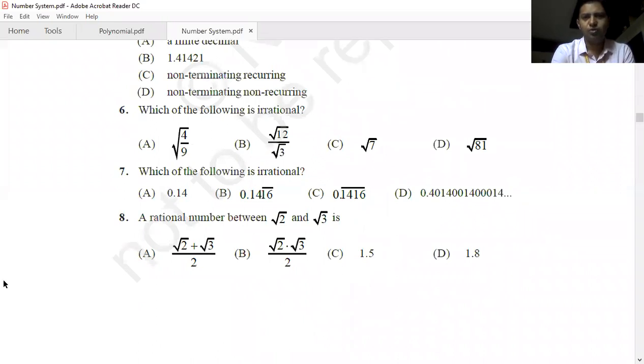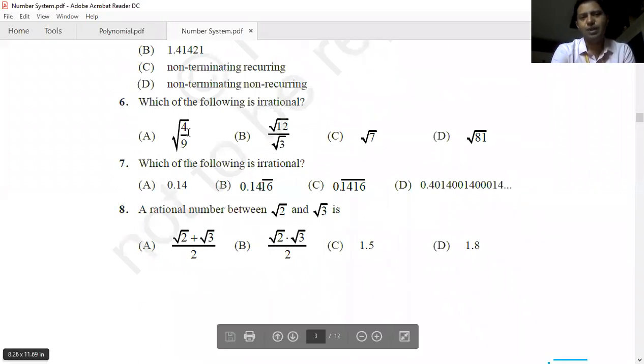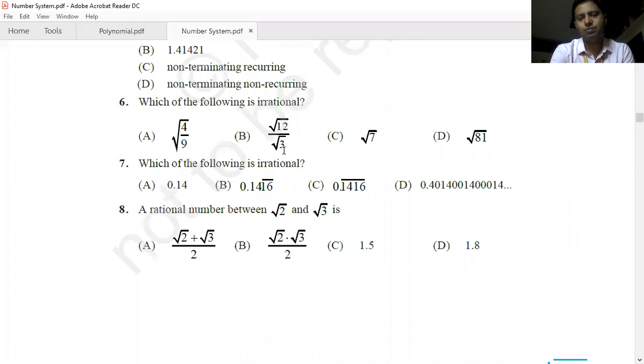Which of the following is irrational? So root 4 by root 9, that is 2 by 3, which is rational. Root 12 by root 3: neither root 12 nor root 3 is rational personally, but we can write root 12 as root 4 into root 3, that is 2 root 3.